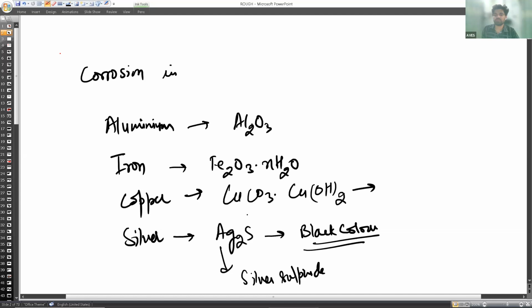And here is copper carbonate. It is greenish. This one is reddish brown, but you can write brown color.